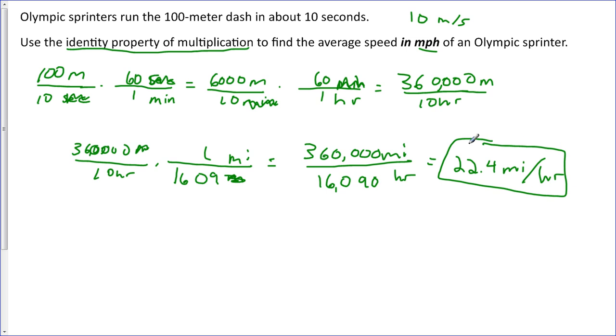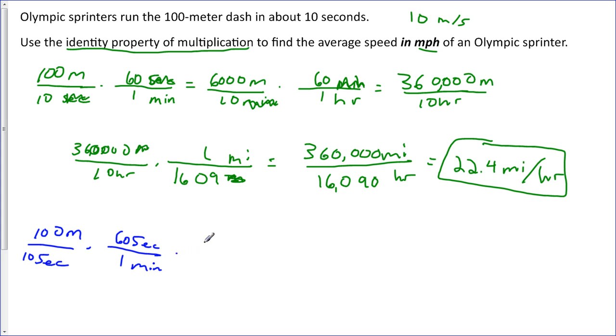Now, we could have done this same thing all in one fell swoop. We could have started with, let me change colors here, we could have started with 100 meters divided by 10 seconds, and multiplied by, cancel out the seconds, change them to minutes, 60 seconds is the same as 1 minute.